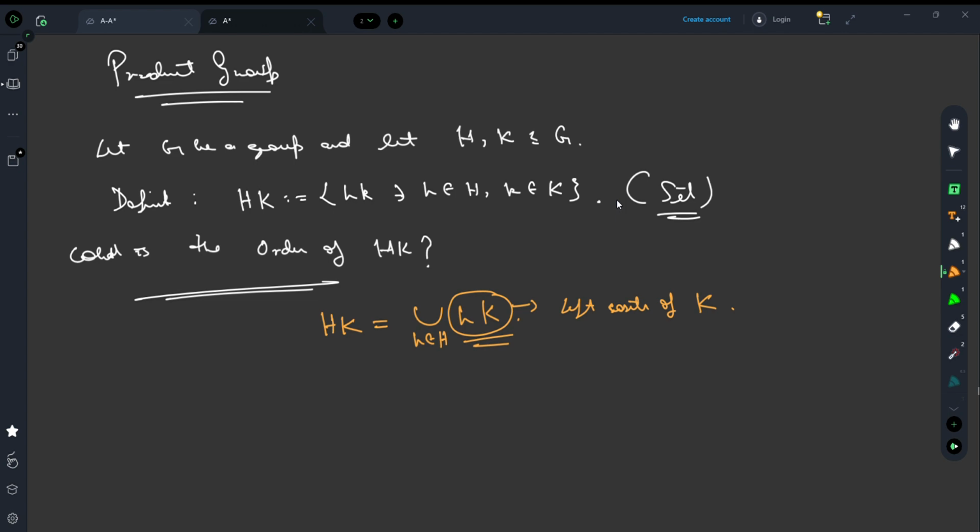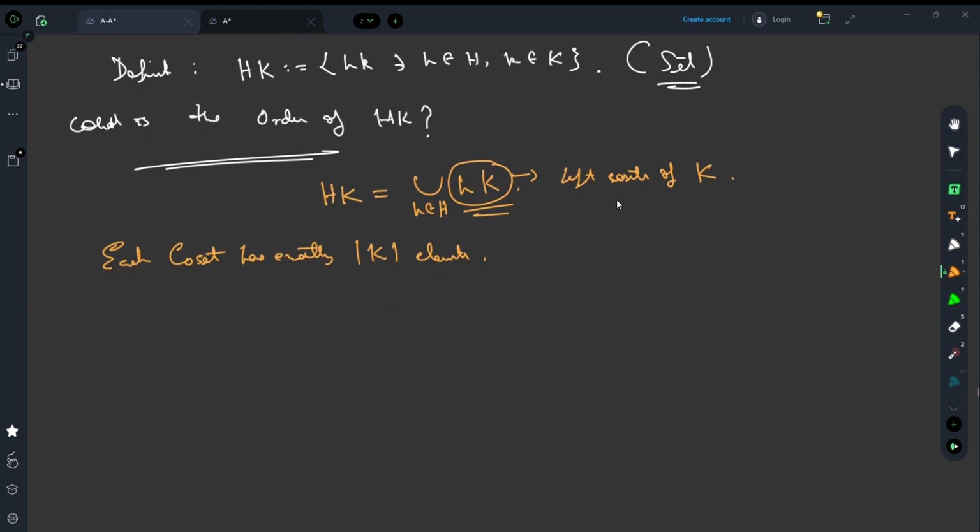So we need to omit the elements which repeat, right? Now each coset will have exactly, this comes from Lagrange's theorem, order of K elements. So the only question which we need to answer is what is the number of distinct cosets, and that will come after omitting the number of repeating cosets.